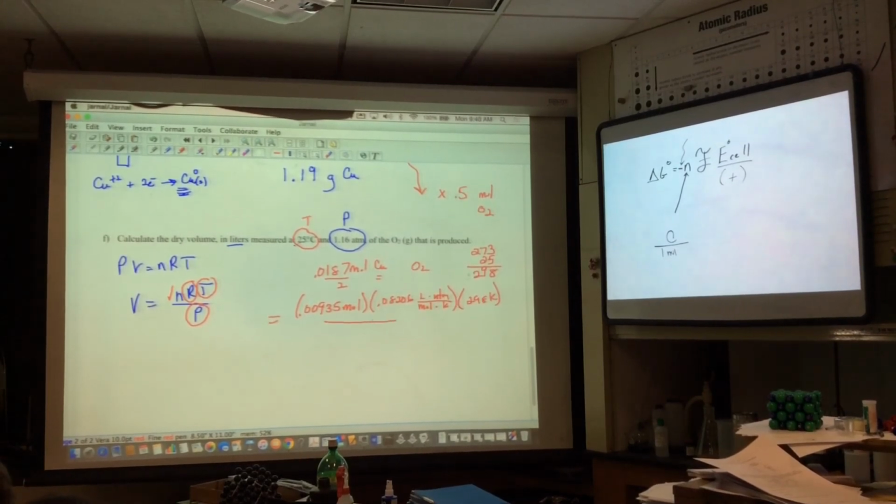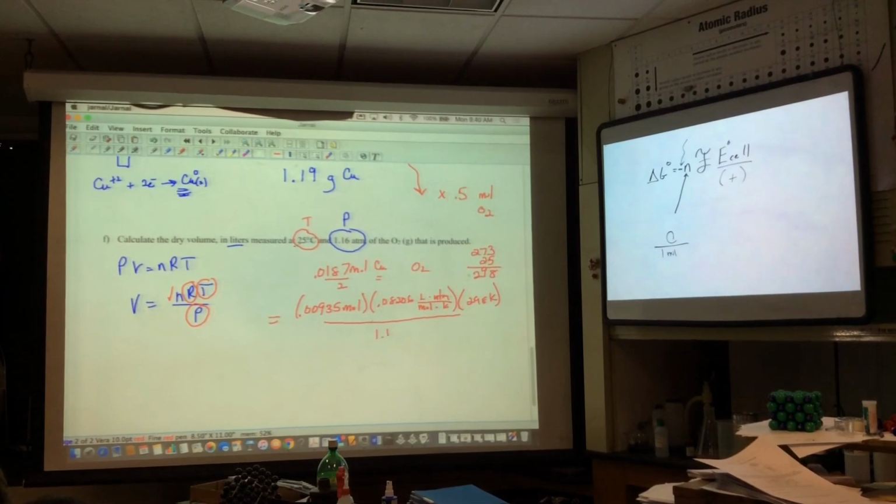The pressure is 1.16. Now, putting the units in is really helpful, party people, especially for your gas law constant, because it tells us what units the other things have to be in. Atmospheres have to be this. We're solving for liters, and the temperature is in Kelvin, because all of that would go bye-bye. Kelvin goes Kelvin.